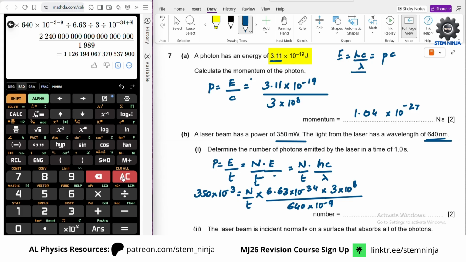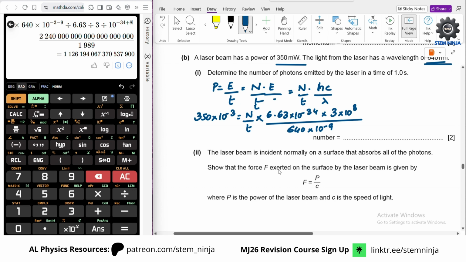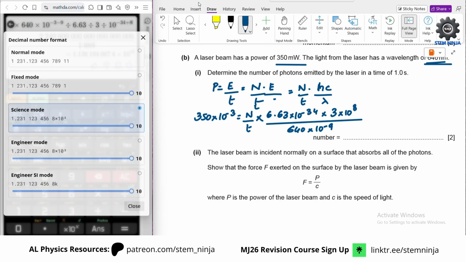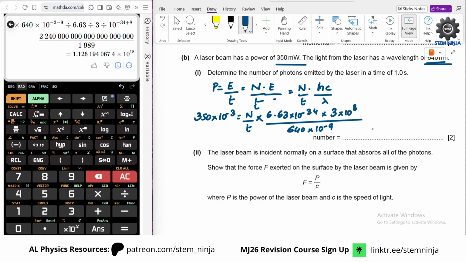This is the value. Let's make it into standard form. So yeah, 1.1 times 10 raised to the power 18.